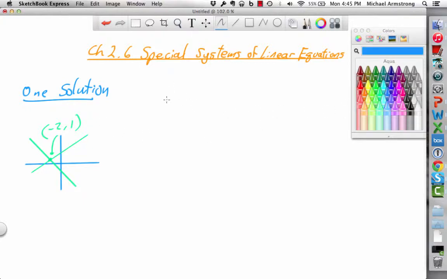Another option is no solution. And this is the case where we have a similar experience where we're graphing two lines, but in this case, this line has a particular slope, and another line, instead of crossing it, has exactly the same slope.